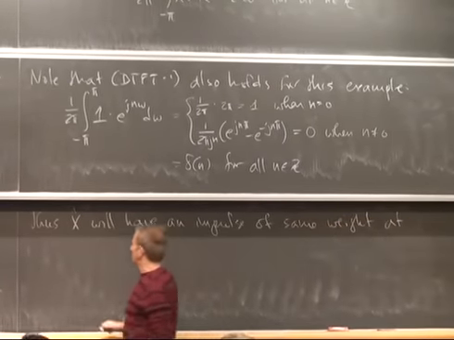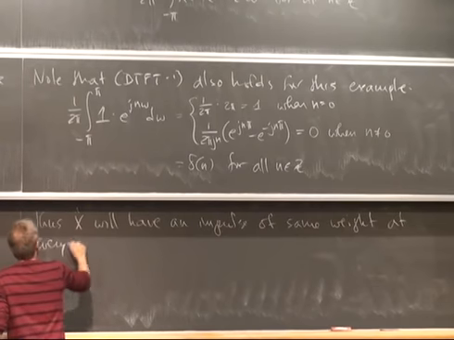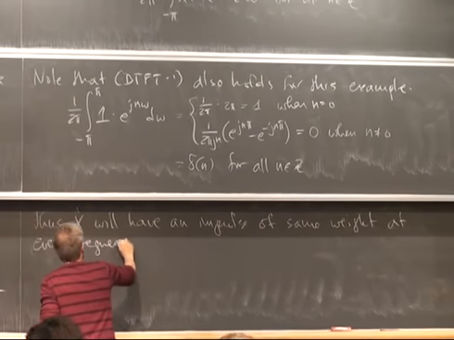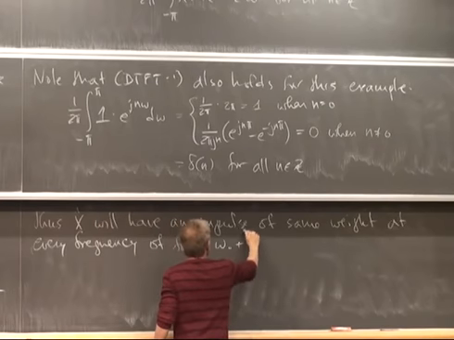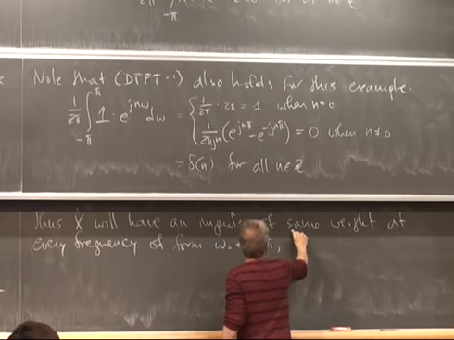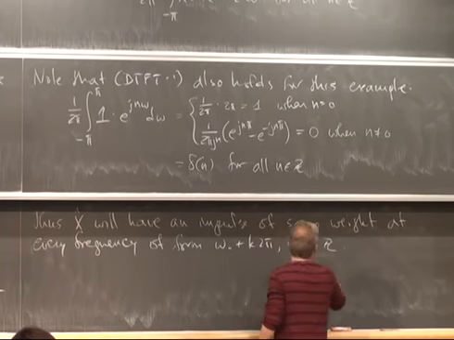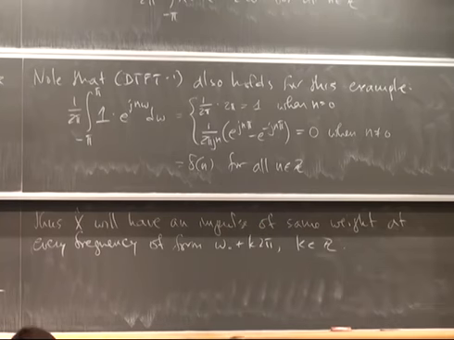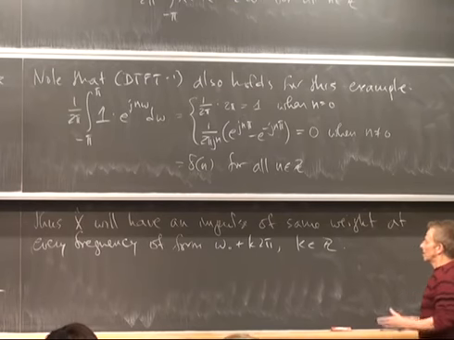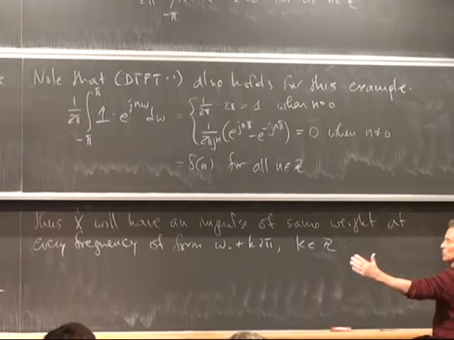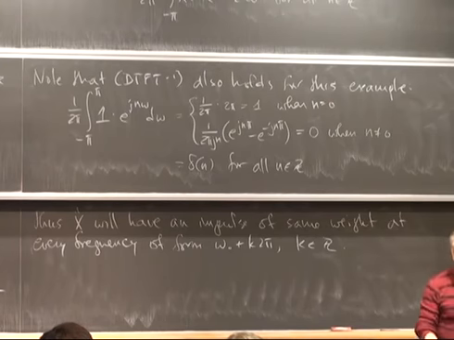So it's going to have an impulse of the same weight at every frequency of the form omega 0 plus k 2 pi, when k is in the integers. And if those are the only impulses, let's assume that's all of x hat, you're going to have x hat being an impulse train, as they call it. And, well, we'll see what happens next time.